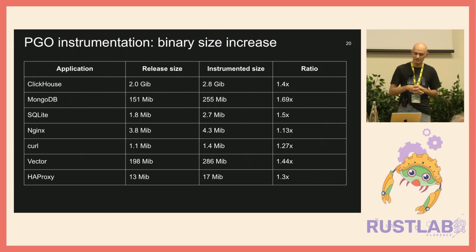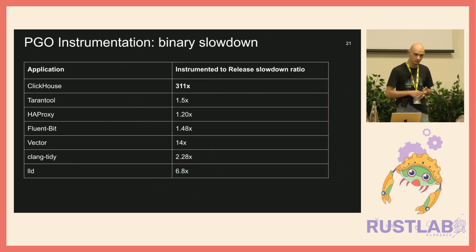Here we don't actually see a huge size difference, and since disks are pretty cheap nowadays, it shouldn't be a problem. However, if you want to use instrumented PGO for the embedded case, please keep it in mind. The much bigger problem is binary slowdown, because in practice, you cannot predict how much slowdown you will get from the instrumentation phase.